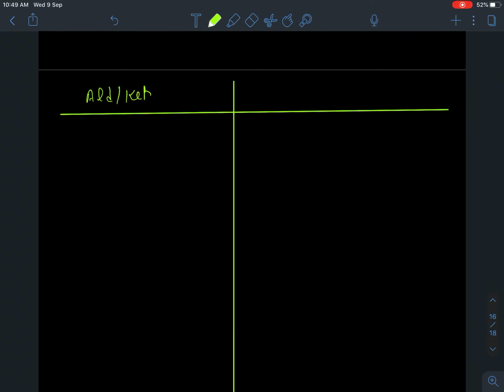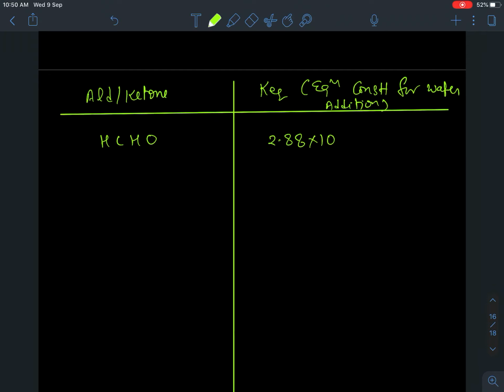Aldehyde and ketone, K equilibrium for water addition. So with formaldehyde, HCHO, the actual value is 2.88 into 10 to the power 5. Close to that, approximately 2 you can write.